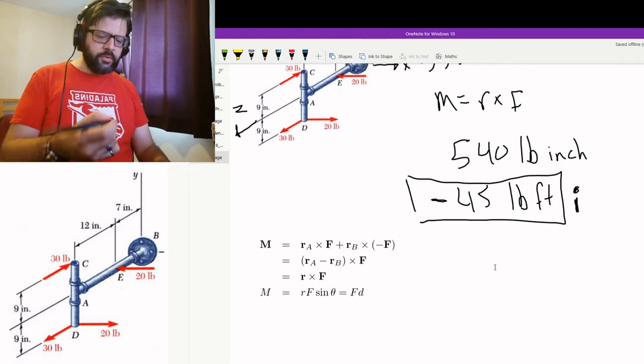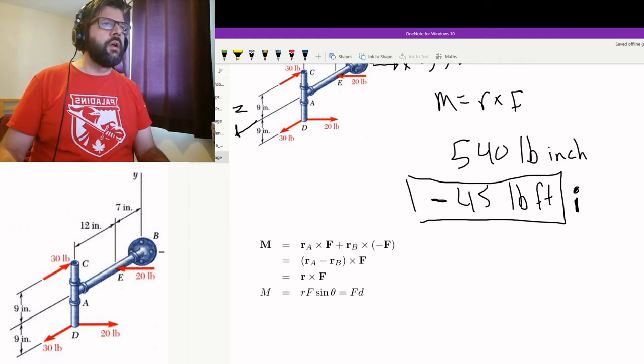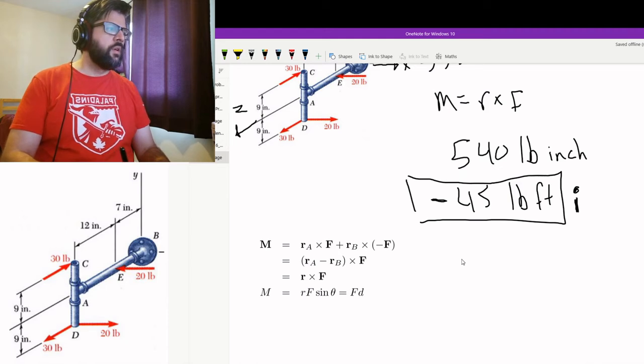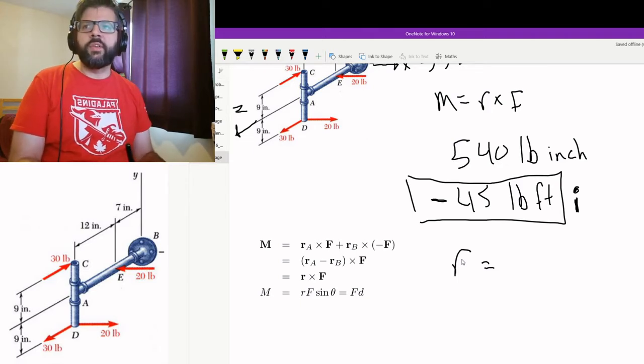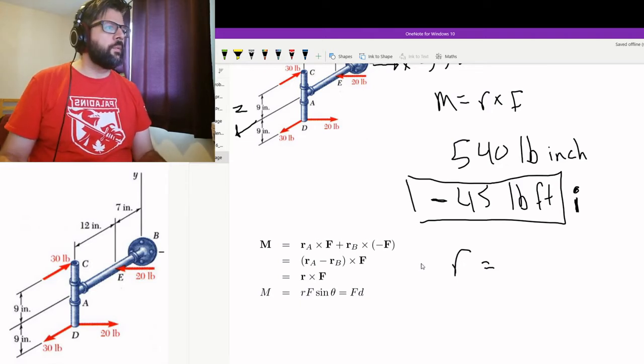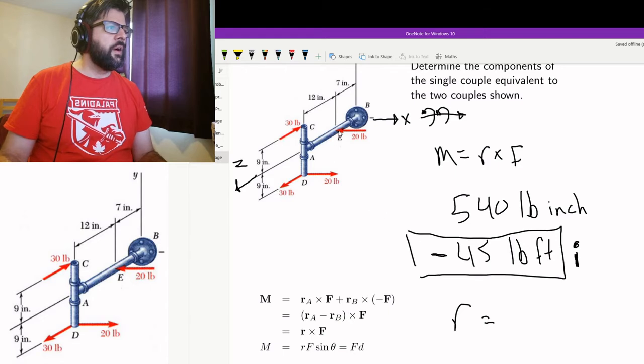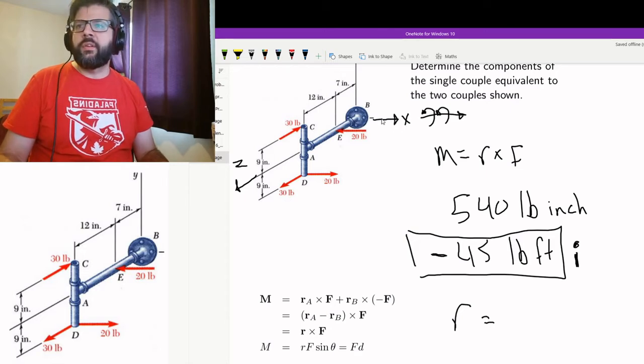All right, so what's our R here? R is going to be just our displacements when we go from E to D. So first off, what's our X displacement? Nothing.